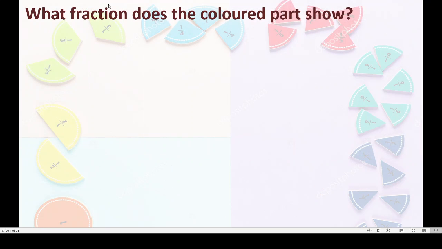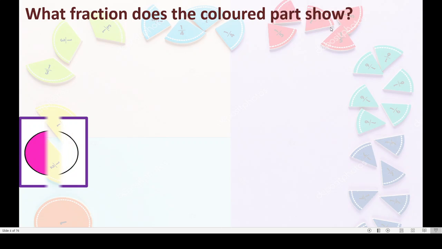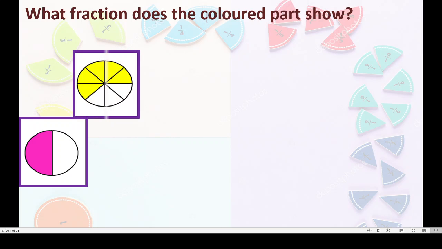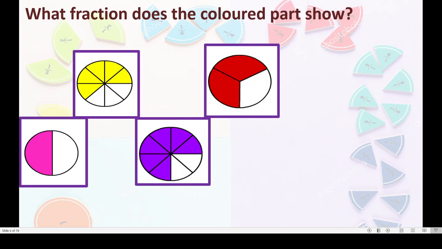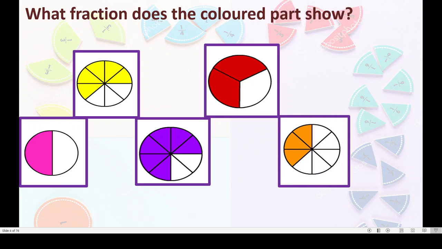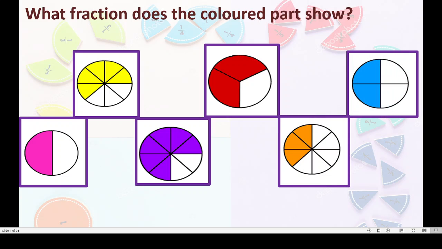Now, what fraction does the colored part show? Here we can see some pictures or figures with colored and uncolored parts. Okay, now we will try to write the shaded portion in fractional form.